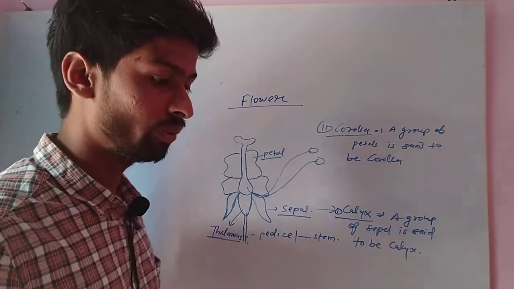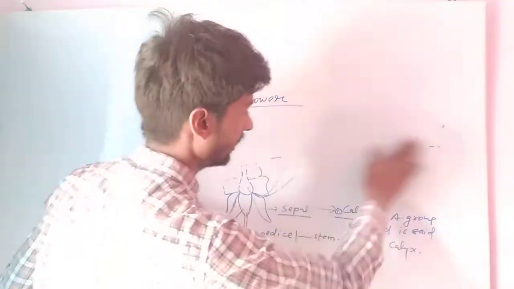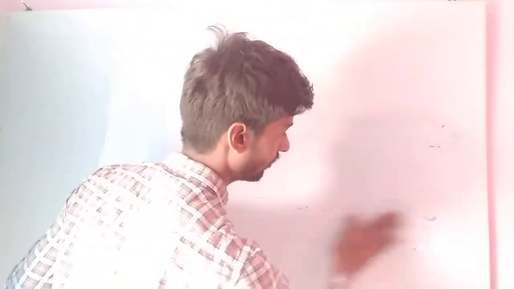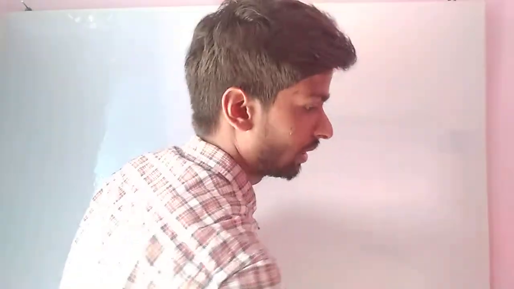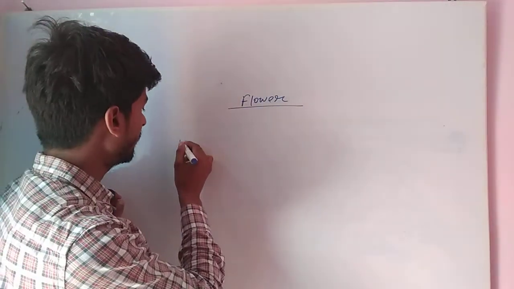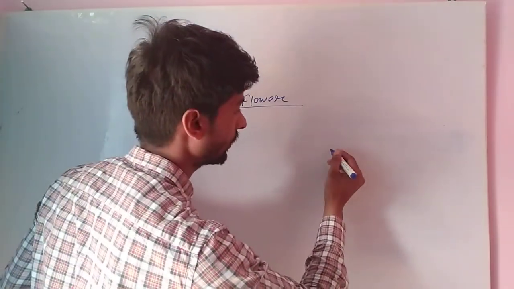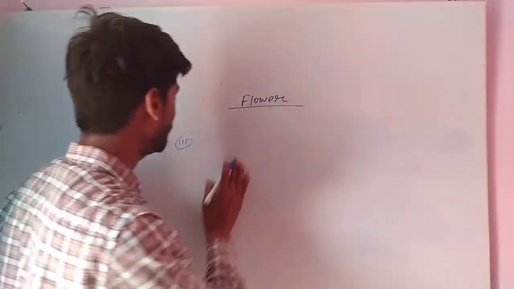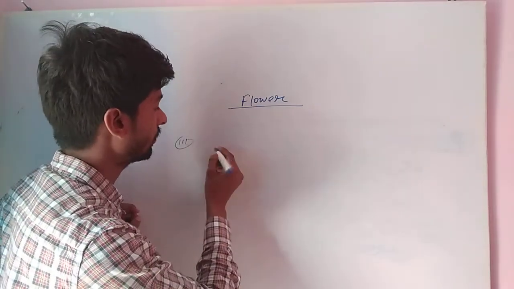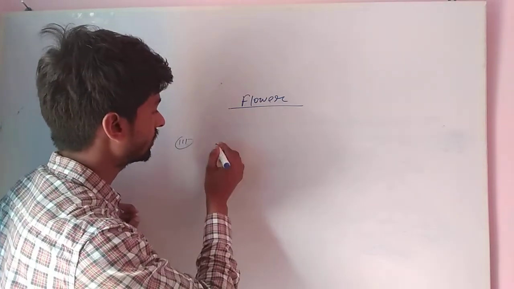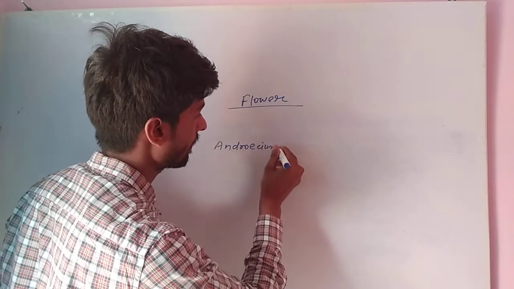Now we are moving to the third and fourth parts of the flower by drawing a figure once again, so it will be clear, all four parts of the flower. Look here, the third one. I'm going to draw a figure sidewise. First we will discuss the other two parts of the flower. The third one is known as androecium.